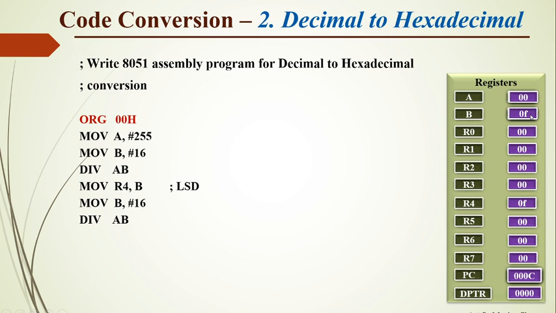Here we have to collect this remainder, that is B, into R5 and A into R6. So we get the result from R6, R5 and R4, that is 0FFH. So 255 is equal to the hex value 0FFH.